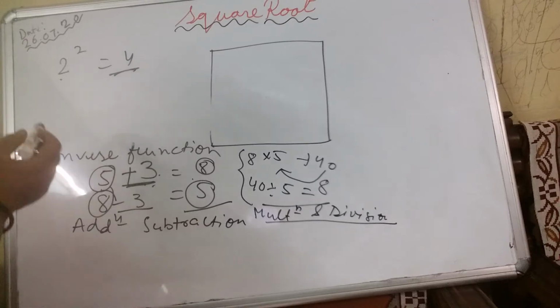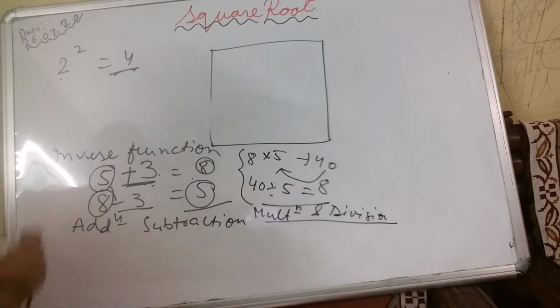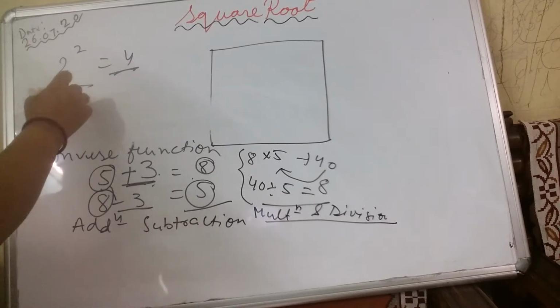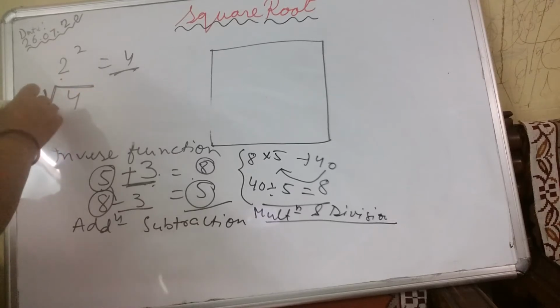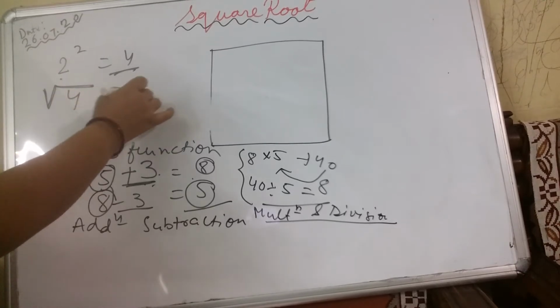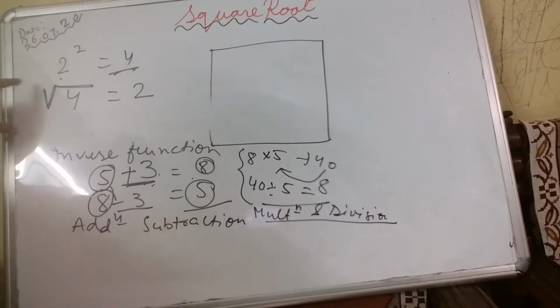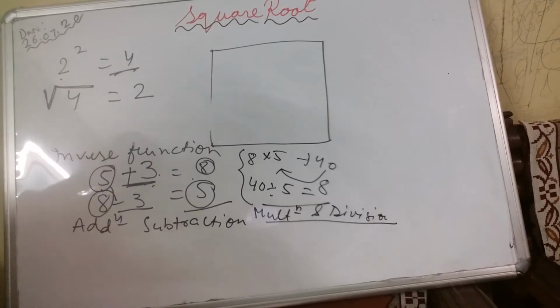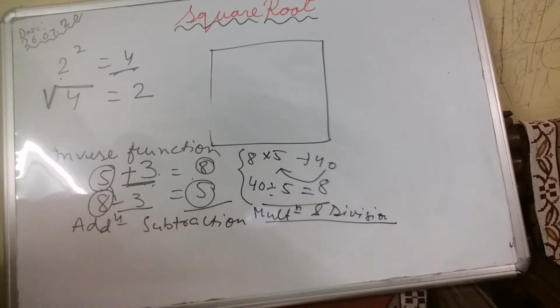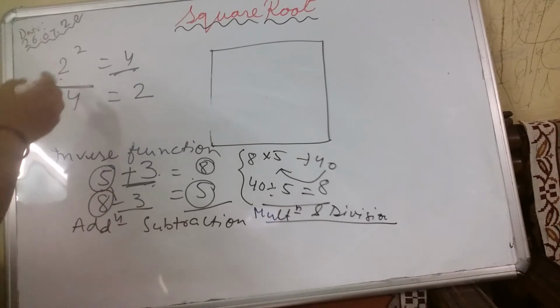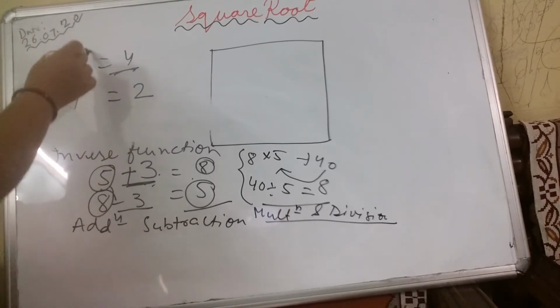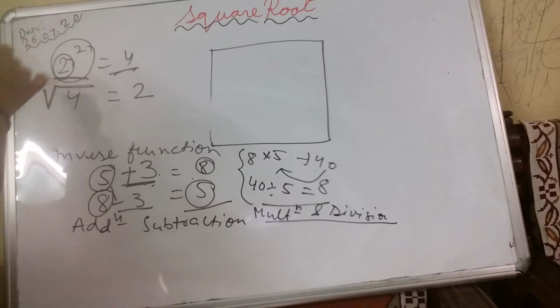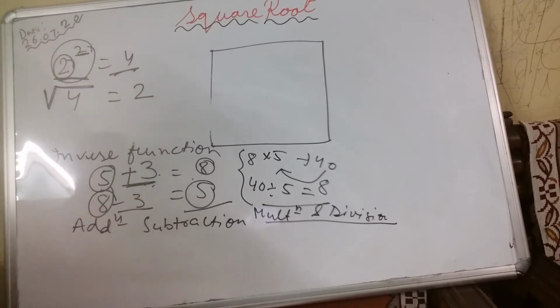We have to square root 4. This is the sign of square root. It is 2. So square and square root, they are inverse or opposite function, okay? Now when we are writing this square, 2 is its base and this is its power, okay?